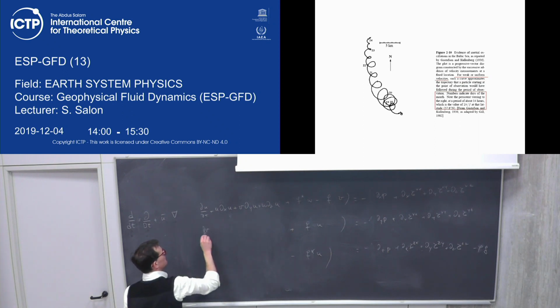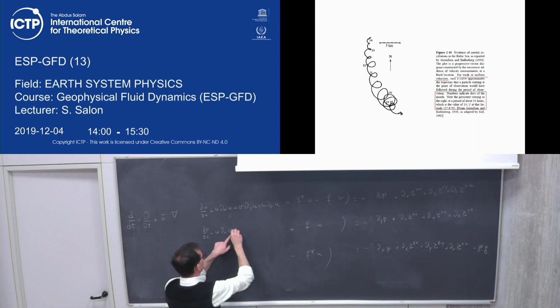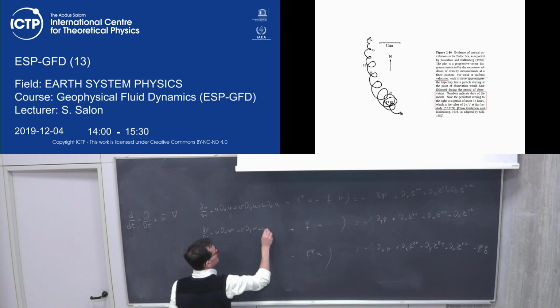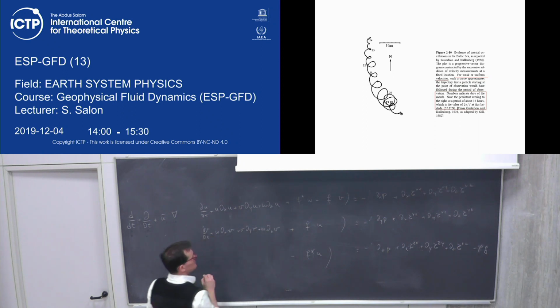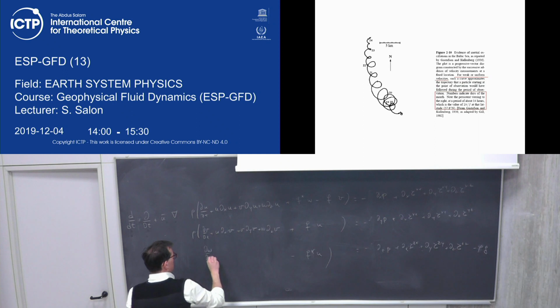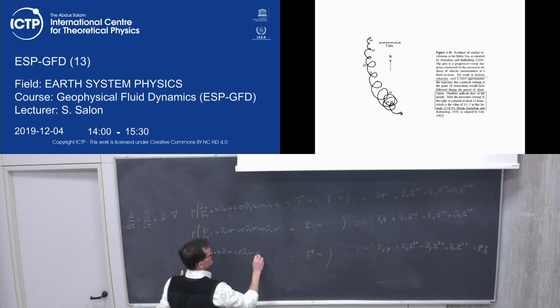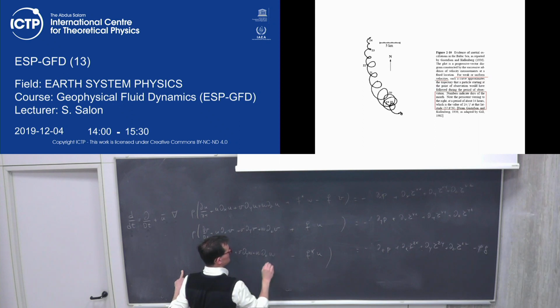Here the same: dv dt plus u dx, now applying on v, plus v dyv plus w dzv, and finally the local derivative of w, plus u dxw plus v dyw plus w dzw.